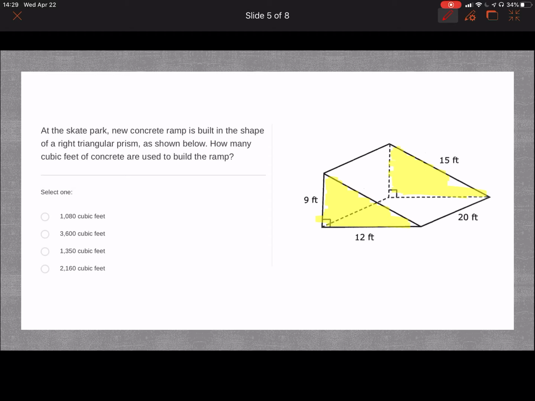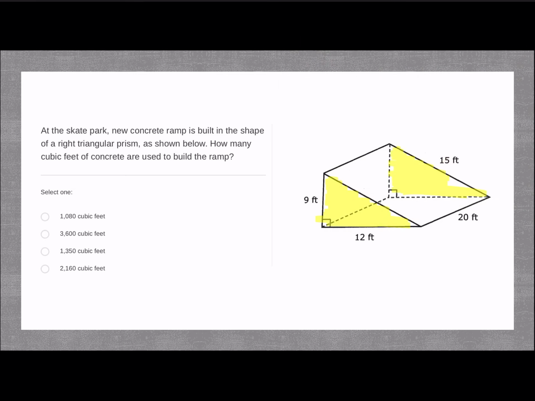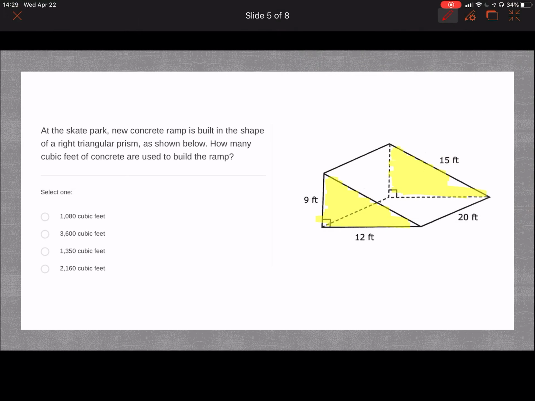So we have two bases, so we know that our shape is a prism. So volume of a prism is big B times H. Remember, big B is area of the base. In this case, our base is a triangle, so we need to use 1/2 base times height.